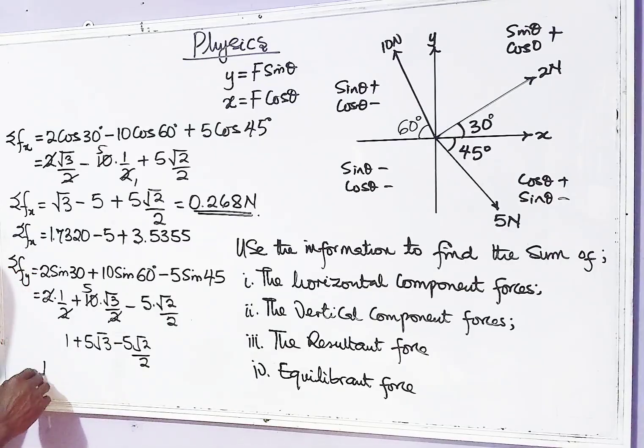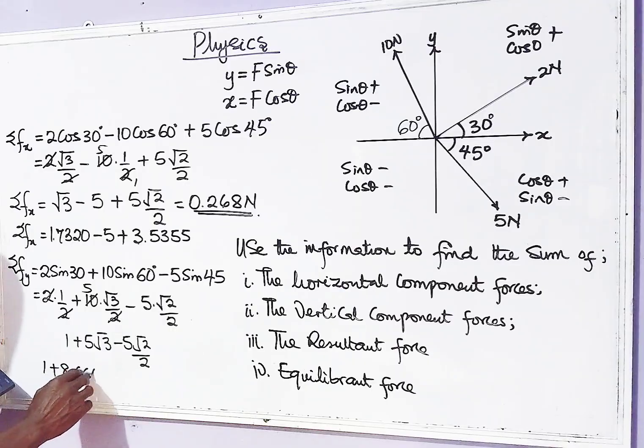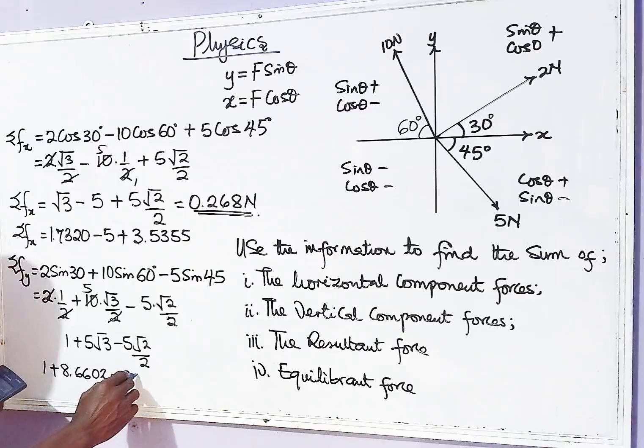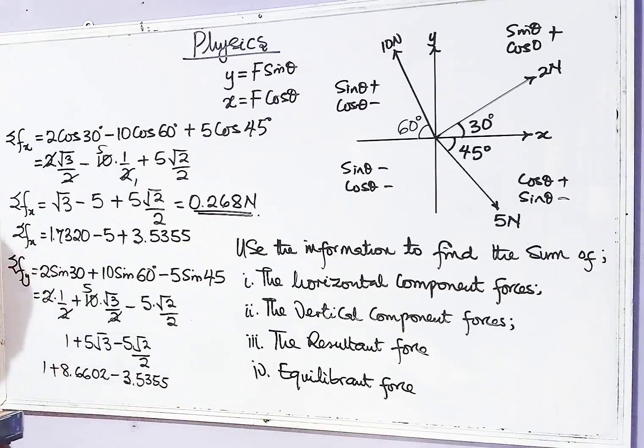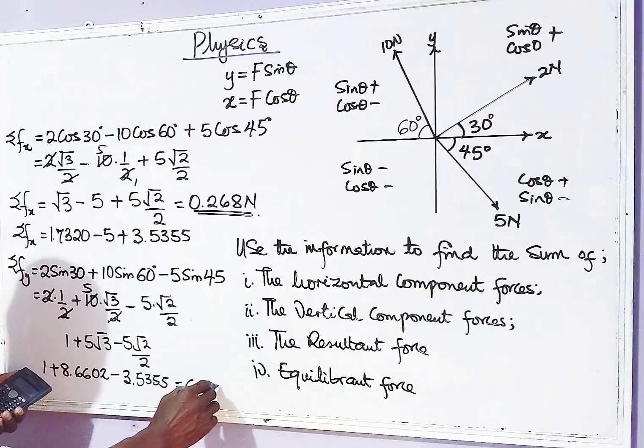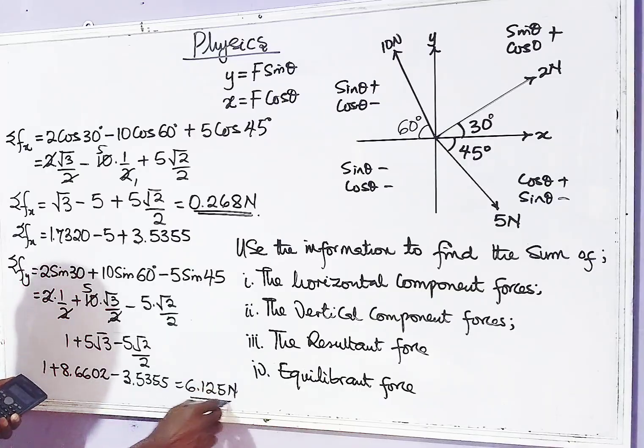Now this is 1, then plus 8.6602, then minus, here you have 3.5355. This gives us approximately 6.125.